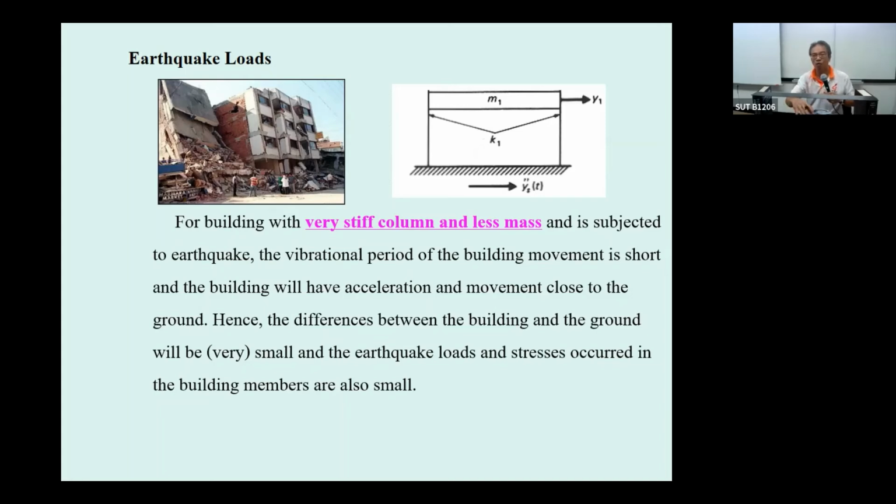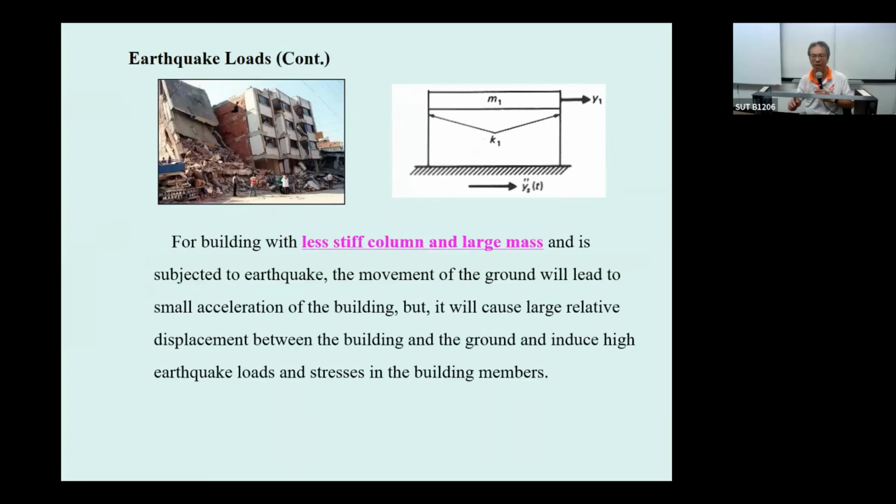So we prefer to design the building with very stiff columns, to protect from the wind and the earthquake. We don't like to have columns with less stiffness. So the column is supposed to be big.